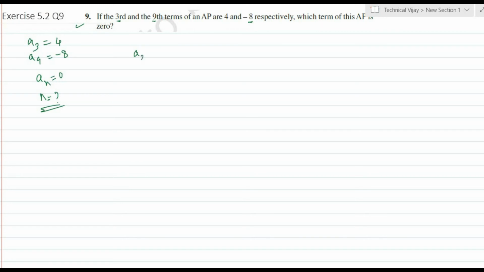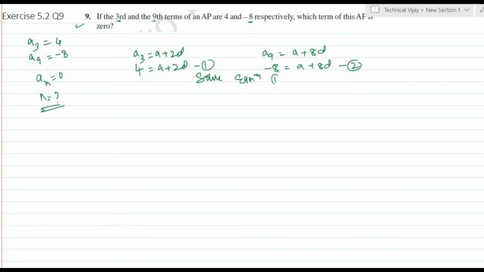Again, A3 is equal to A plus 2D. So A3 is equal to 4, which is A plus 2D. This is one equation. Here A9 is equal to A plus 8D, so minus 8 is equal to A plus 8D. This is the second equation. Solve equations 1 and 2 using the elimination method.